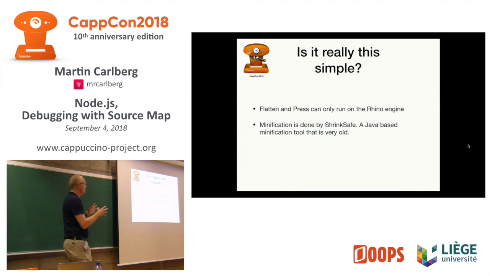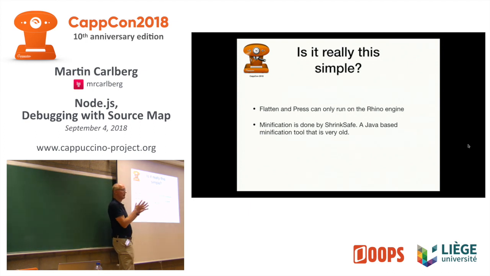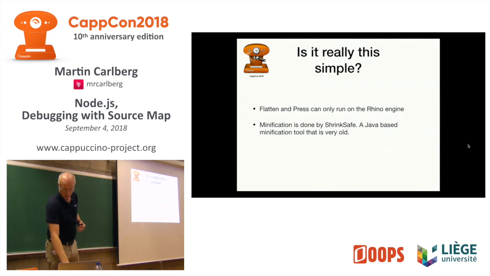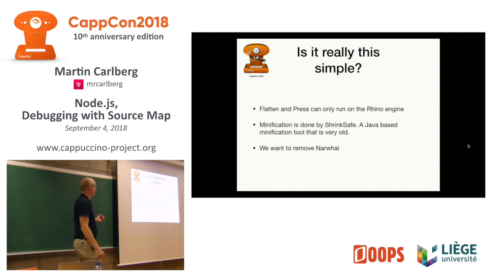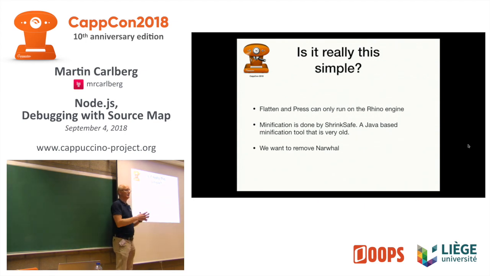So this is kind of a small step we are trying to do here, to add Node as a Narwhal engine. But in the long run, we want to actually remove Narwhal. It's a little bit too old, and we don't need a Rhino engine.